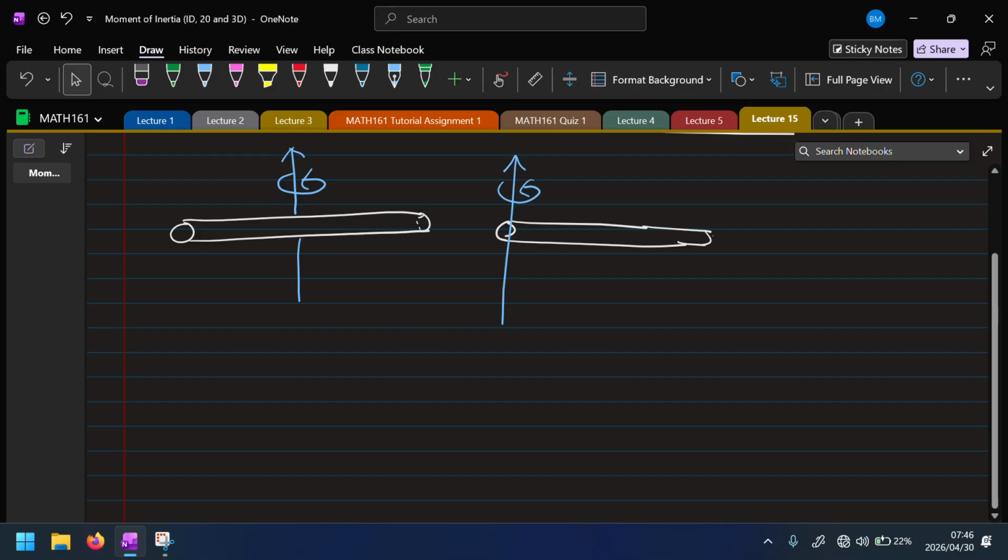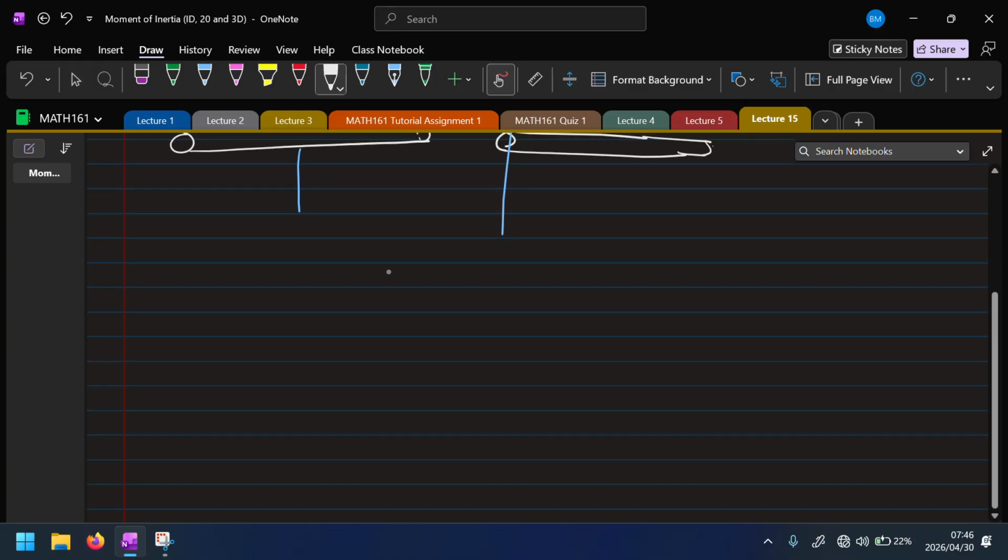Firstly, how do we define the moment of inertia? We're going to look at a very simple case of just orbits, looking at something orbiting, and then we'll generalize it to this case here. Let's say we've got our axis, and then at some distance r away, we've got a mass, let's call it m, and it's being rotated around.